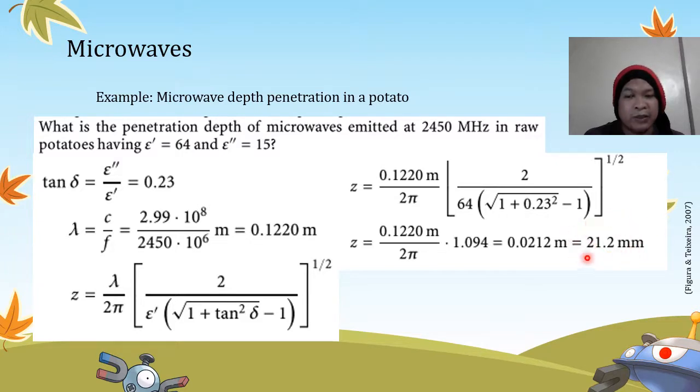Kasi 25.4 millimeters ang 1 inch. So that means if you have a potato now as big as your fist, after penetrating 1 inch into the potato, then the remaining energy would be less than 40% na.